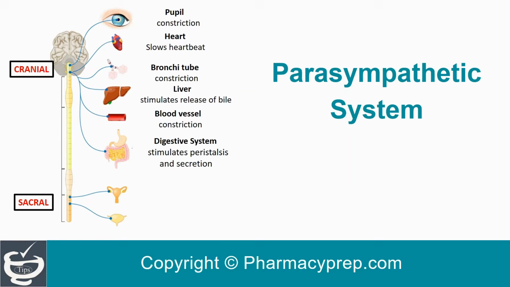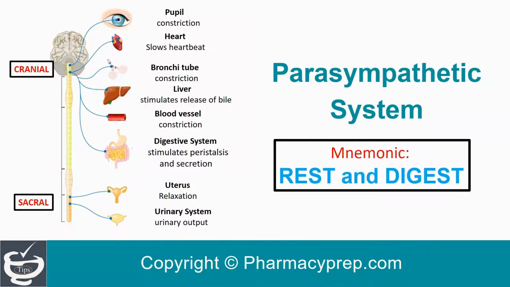The parasympathetic system has a huge effect on the digestive system, which stimulates peristalsis and secretion. Further, on the uterus it causes relaxation, and in the urinary system, it increases urinary output. The most popular or most commonly seen parasympathetic mnemonic is rest and digest.